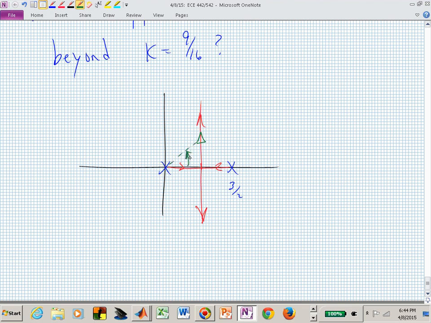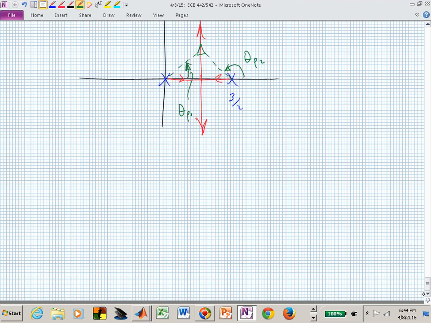Let's call this angle theta P1, and this angle theta P sub 2. We now can say, we better have minus theta P1 plus theta P sub 2.